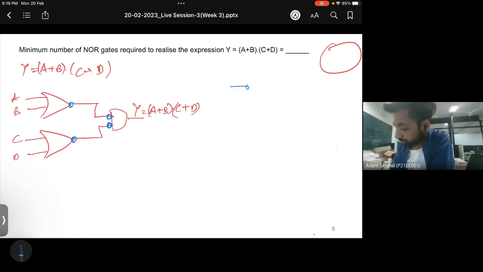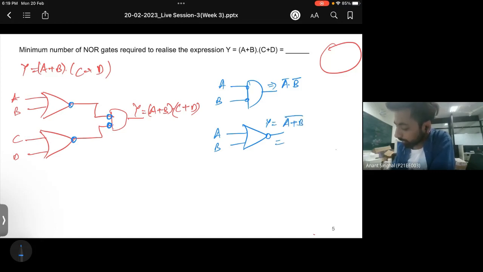Yes, this will be easy. It will give nothing but A bar dot B bar. And if I try to make a NOR gate, it will give nothing but A plus B whole bar, which is nothing but A bar into B bar. We can see both these gates are equivalent.